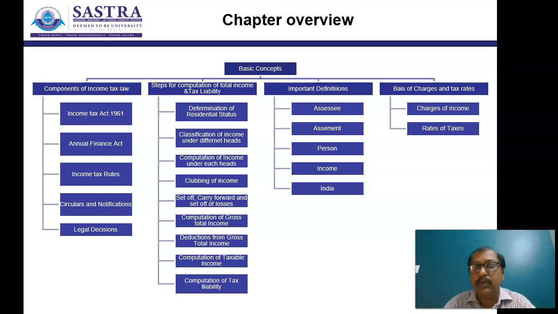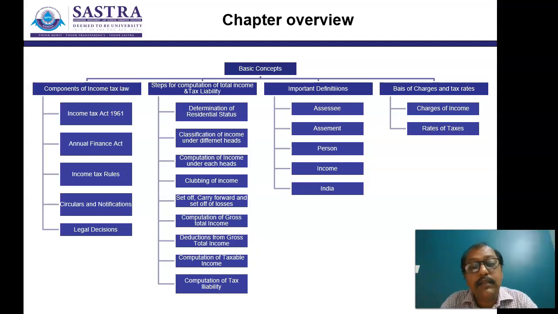So, to benefit the individual, the Income Tax Act has given certain provisions for setting off of the losses, setting off of the income. So in that sense, set off of the income is going to be the fifth step involved in your computation of income.